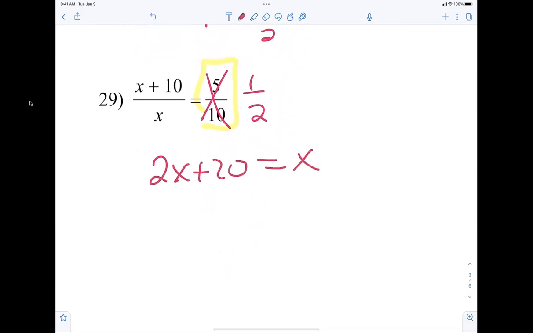All right, so now when we cross multiply, we get 2x plus 20 equals x. Why are you saying no solution?